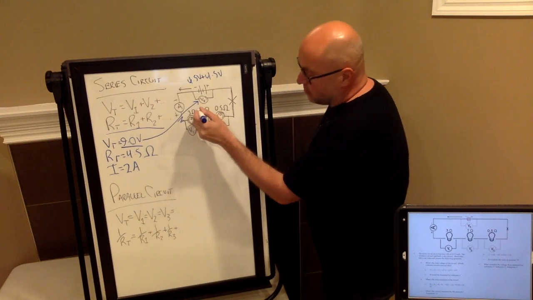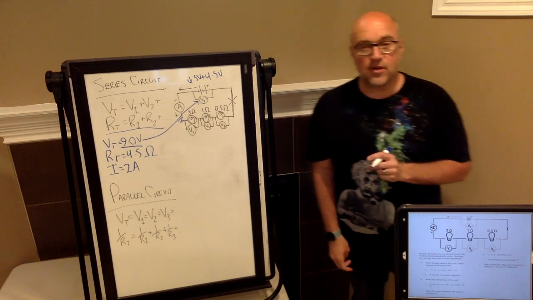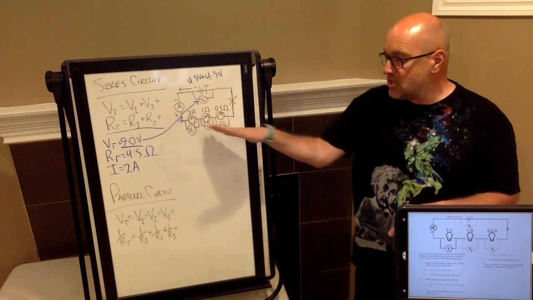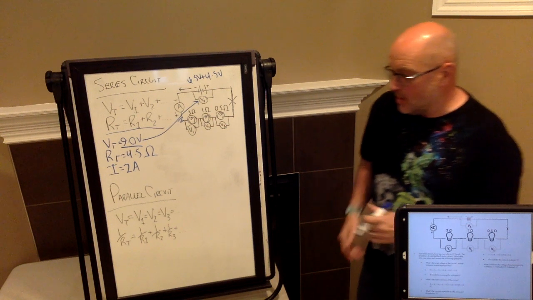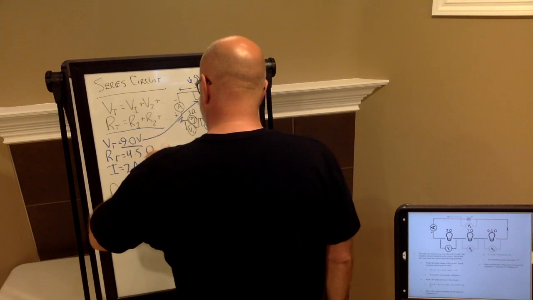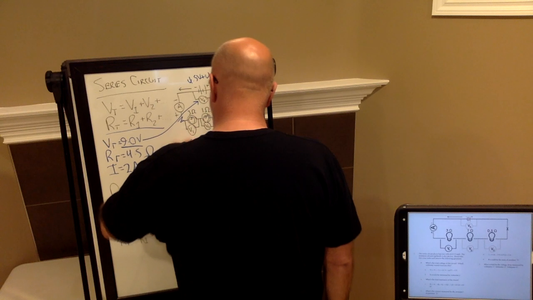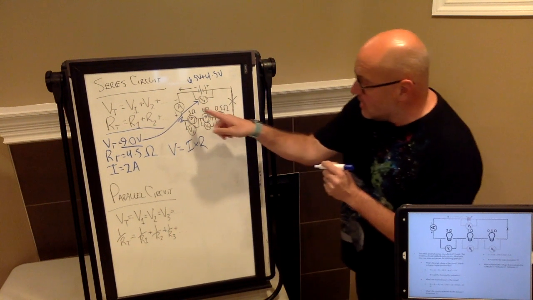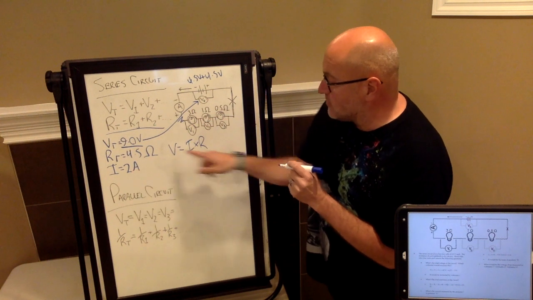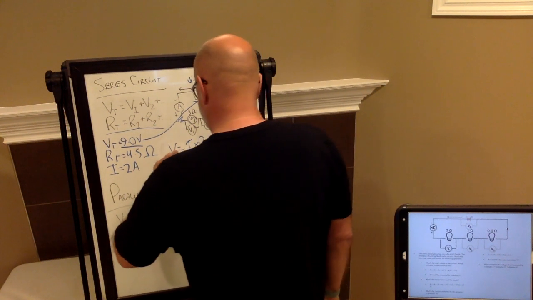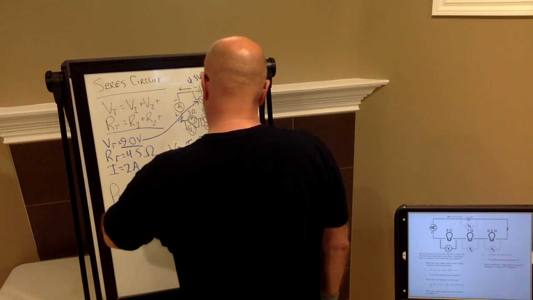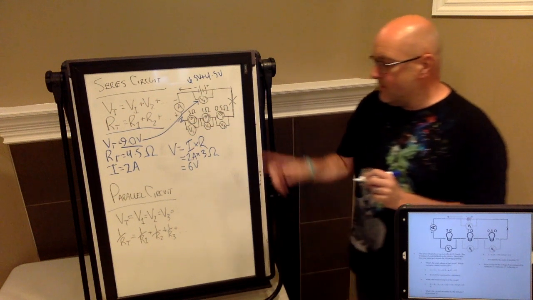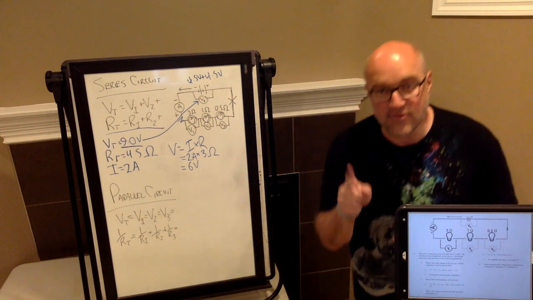Now I'm going to use each of my load resistors' resistance to calculate the voltage drops over each of those load resistors. So I'm going to use my voltage equals I times R. For my voltmeter 1 reading, I'm going to see 3 ohms. So I'm going to have 2 amps times 3 ohms, which is going to give me a volt drop over voltmeter 1 of 6 volts.